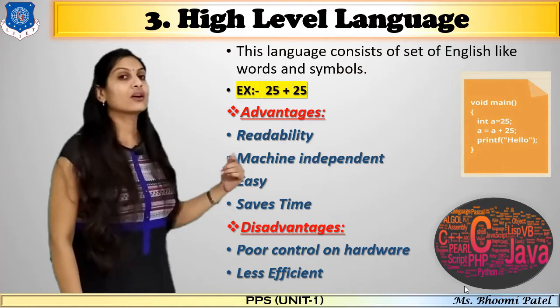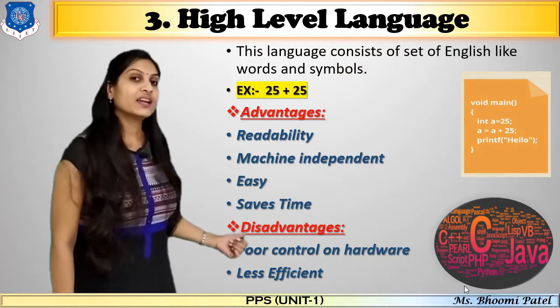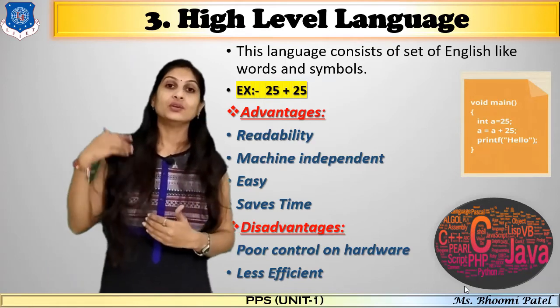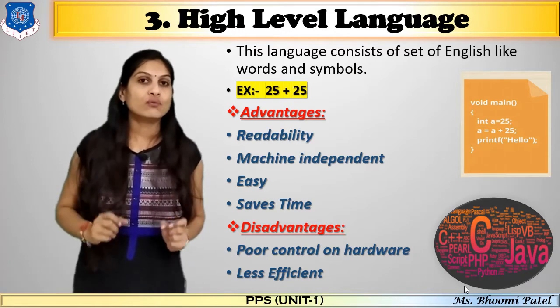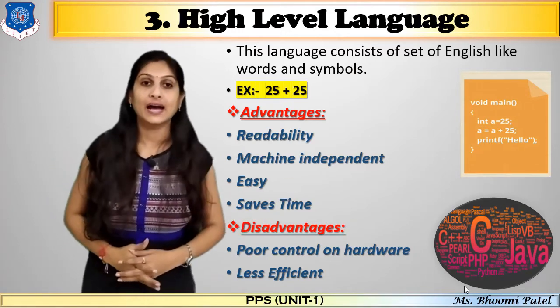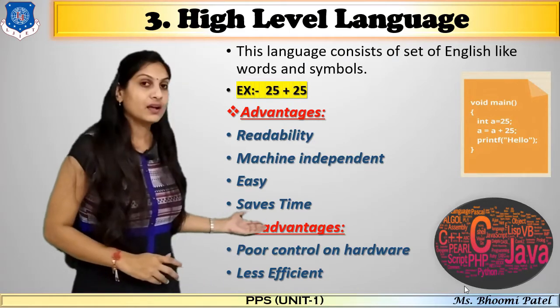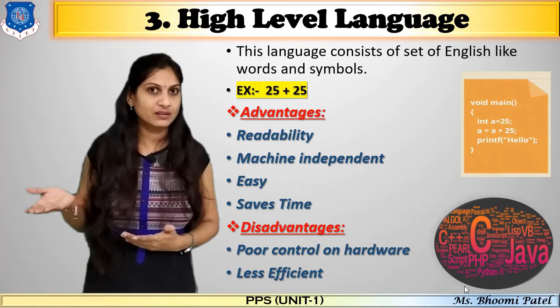Now the drawback of this language is that it is user oriented, not machine oriented. So what happened? It has poor control over the hardware. Is a high level language understood by our computer?